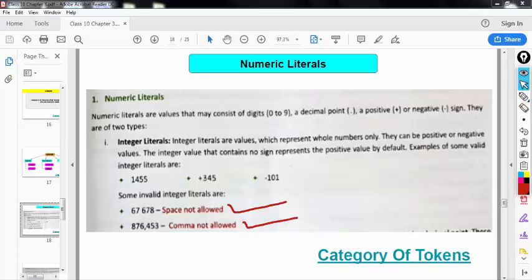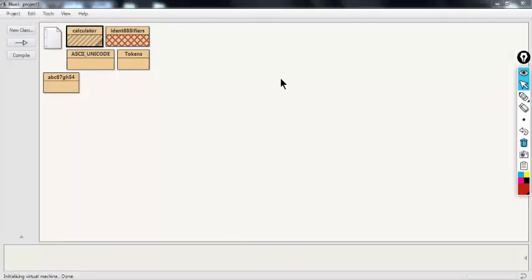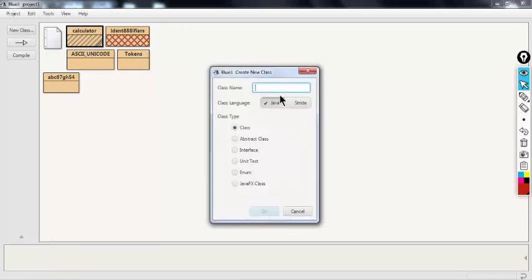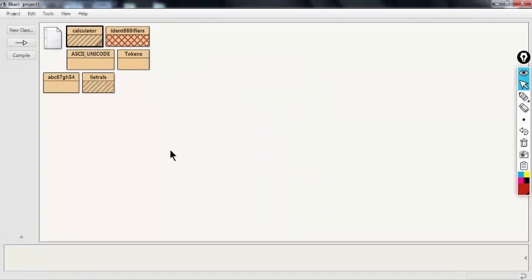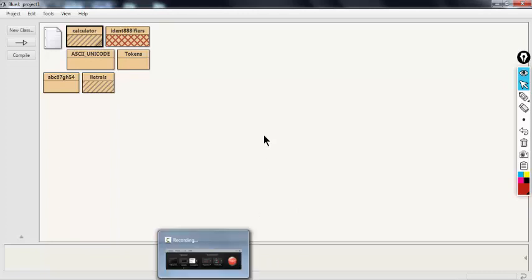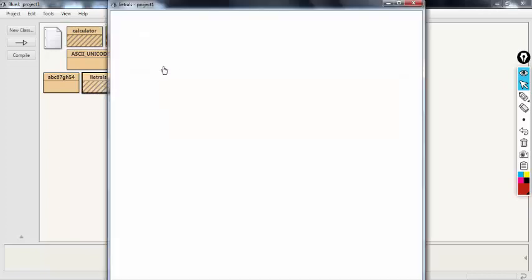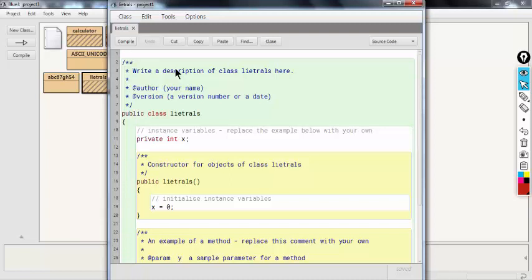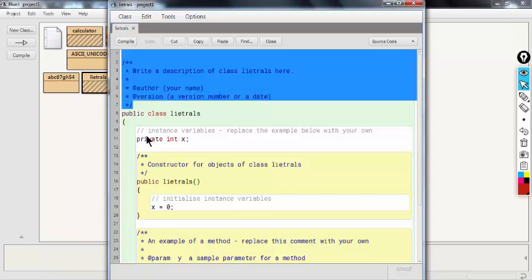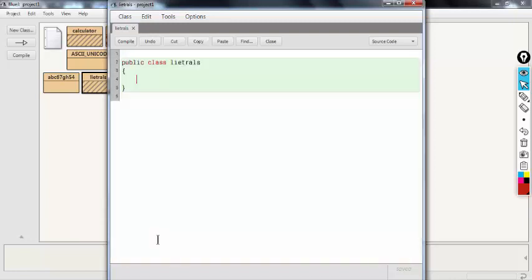So if you look at an example, we have got our class here and the spelling of literals is wrong.